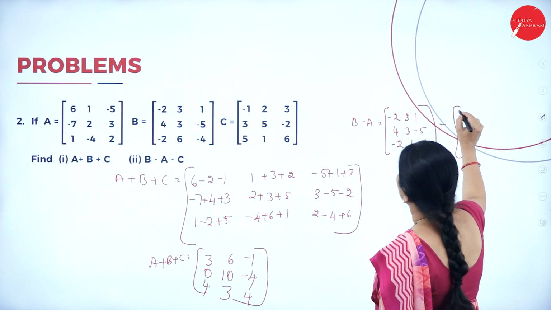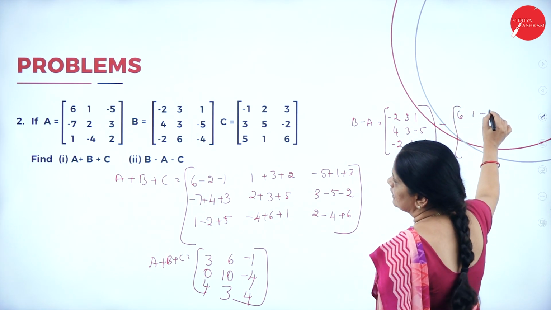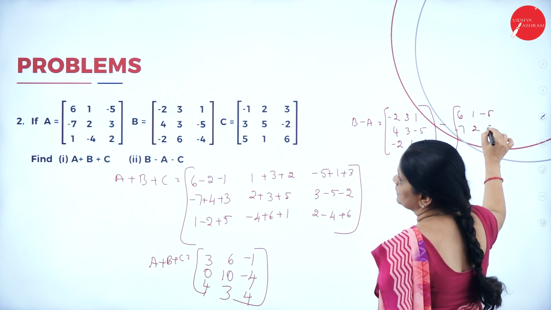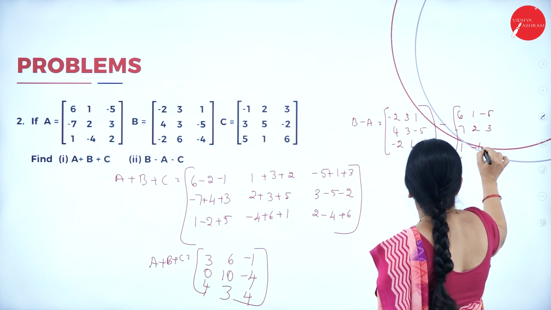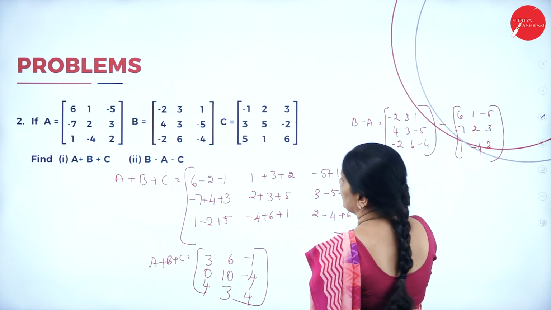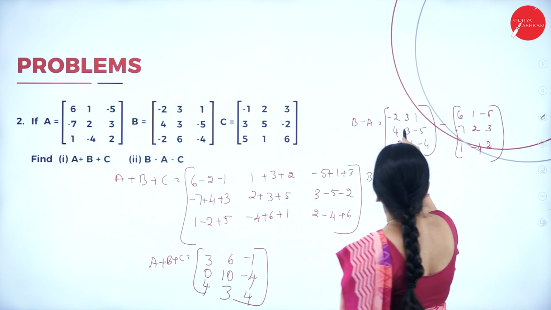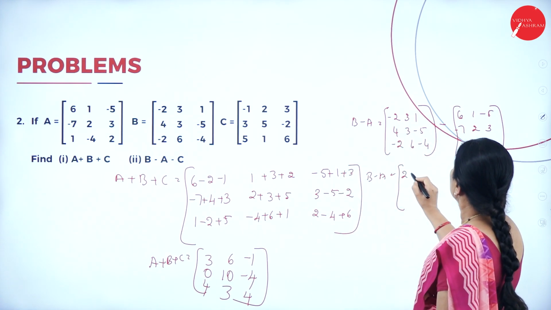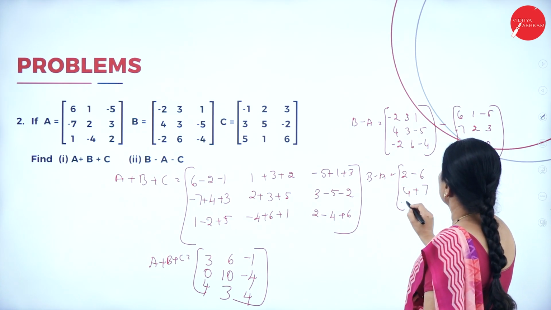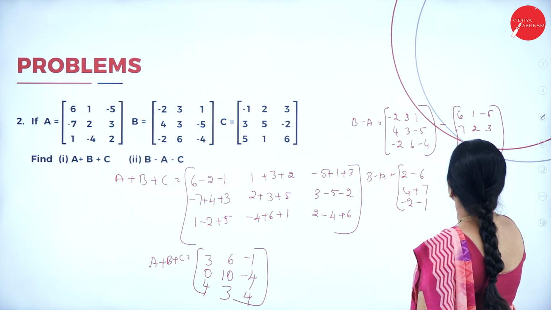Minus A equals 6, 1, minus 5, minus 7, 2, 3, 1, minus 4, 2. So B minus A will be equal to minus 2, minus 6, 4 plus 7, minus 2, minus 1.